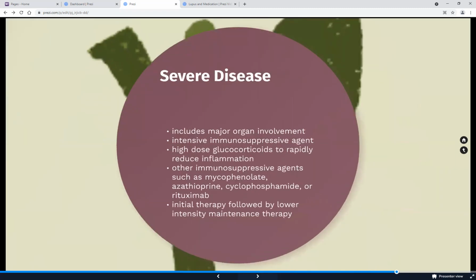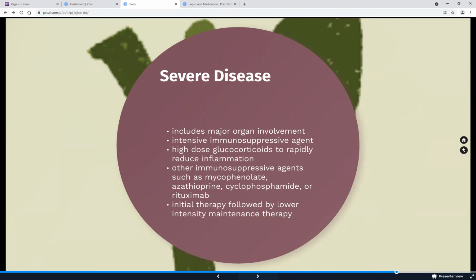All right, moving into severe disease. So this is where we may see more organ involvement. And so typically what would happen is we would intensify the treatment. So we're going to start with the initial drug therapy, the mainstays, and then if we need to, we're going to get more aggressive in treating lupus. And so this is where you may see some high dose glucocorticoids to rapidly reduce inflammation.